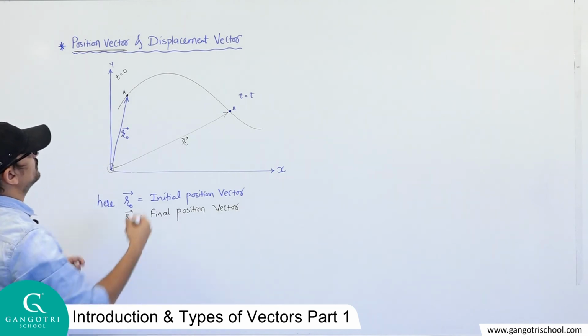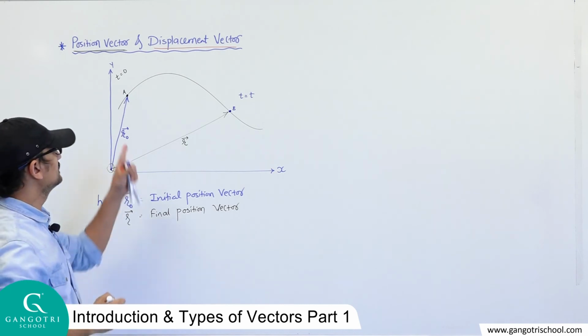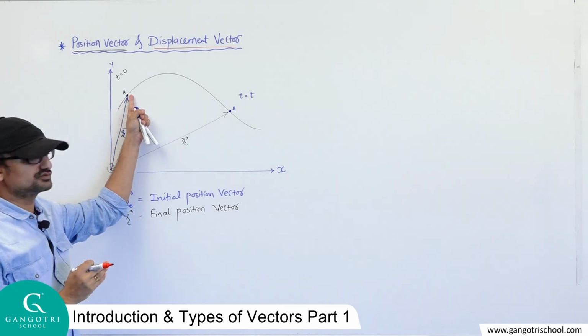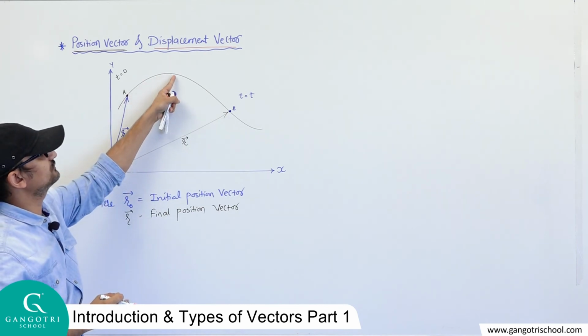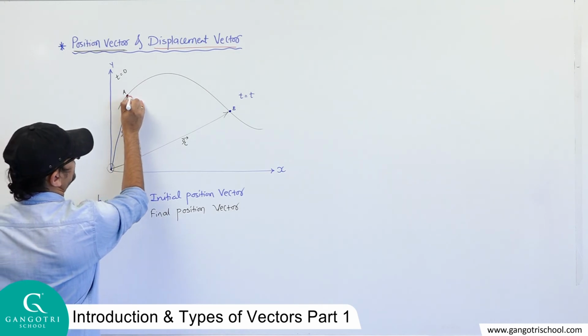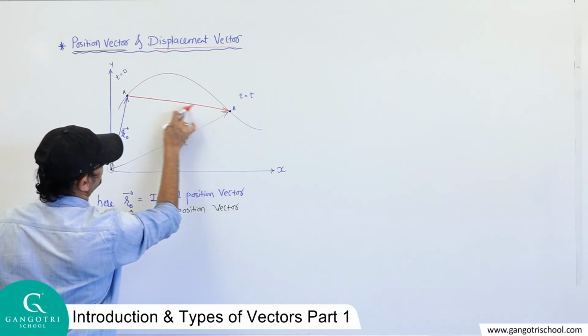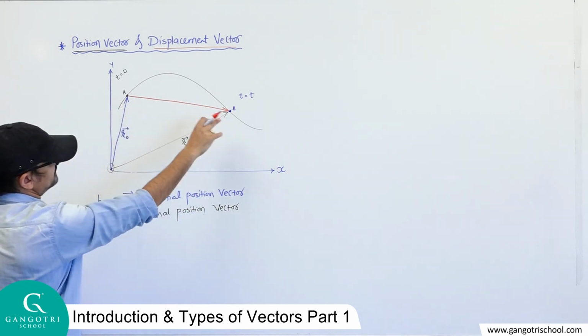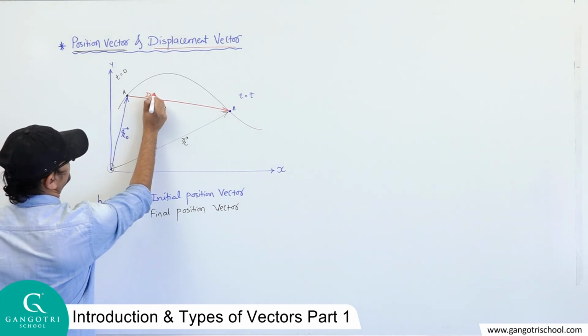We would like to now know what displacement vector means. A is the initial position, B is the final position, this is the path on which the particle travels. A line joining the initial and final position, look at this red color vector, represents the displacement vector.